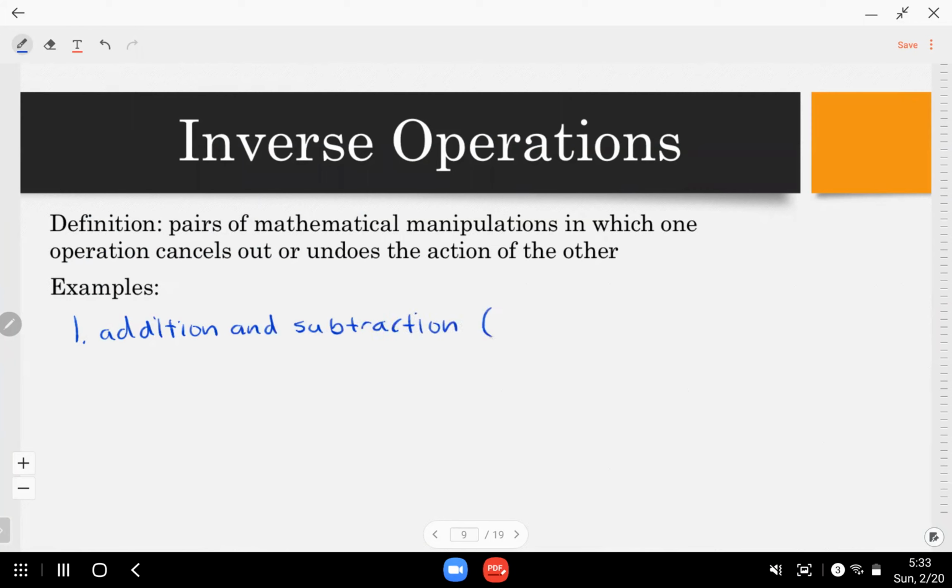Give me an example with numbers in addition and subtraction, like cancel out. 4 minus 4 equals 0, right? So positive 4 minus 4 cancels out. Addition and subtraction. I also heard multiplication and division. Very good.